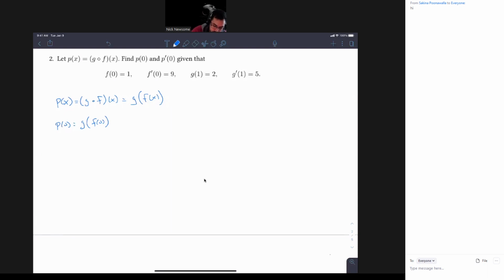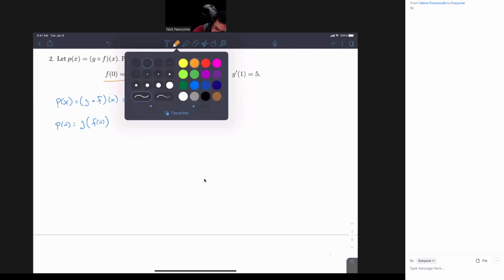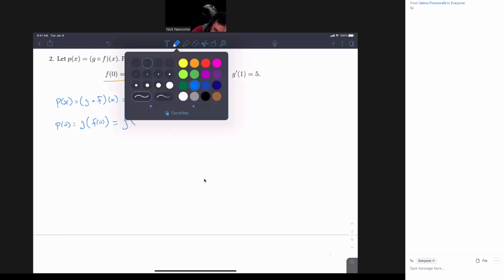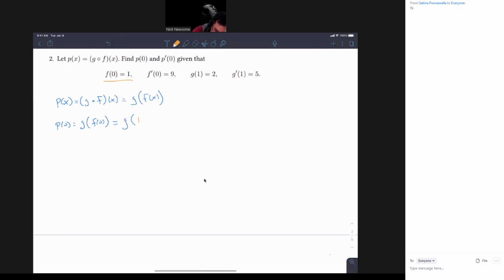And I know what f of 0 is. F of 0 is 1. So this is going to be g of 1. And lucky for us, that's the information that we need. They told us what g of 1 is.